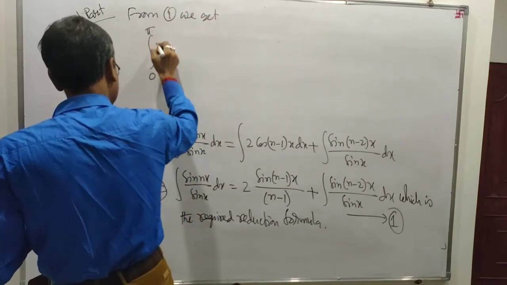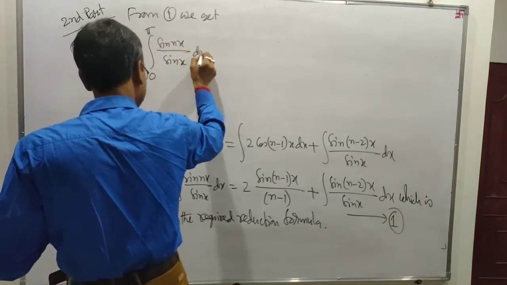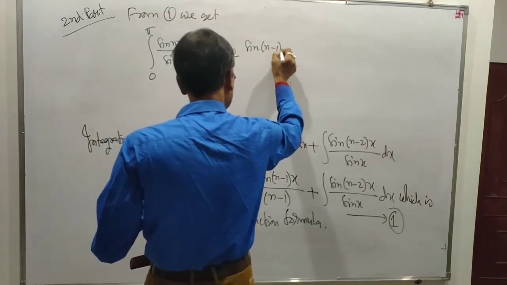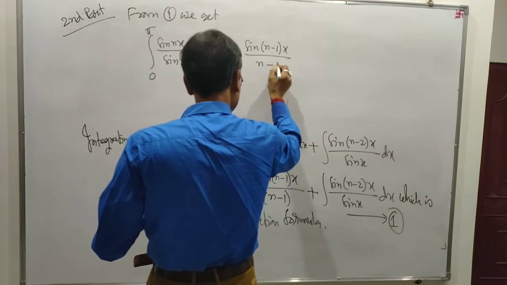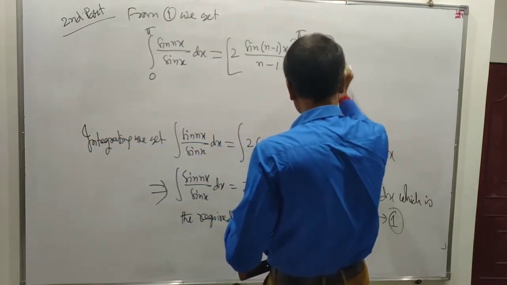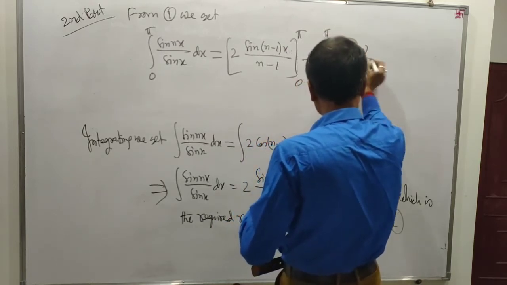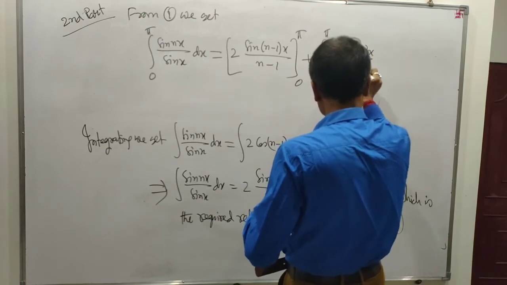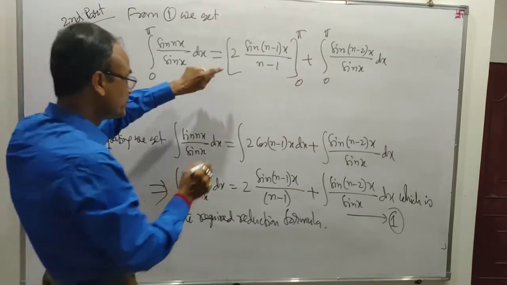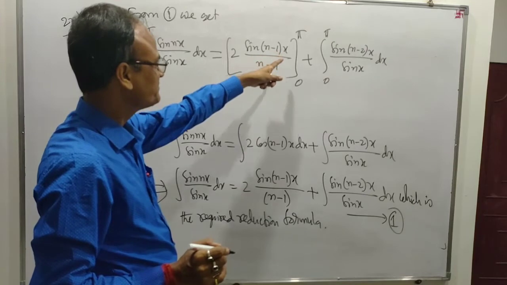From 1 we get the integral from 0 to pi of sin nx divided by sin x dx equals 2 times sin (n minus 1)x divided by (n minus 1), from 0 to pi, plus the integral from 0 to pi of sin (n minus 2)x divided by sin x dx. What will this be?